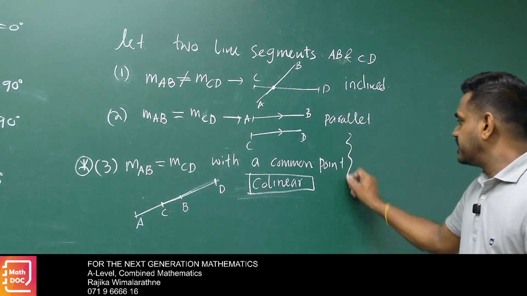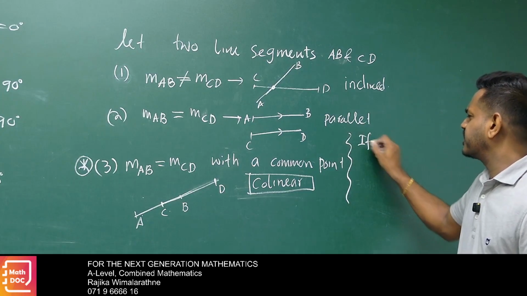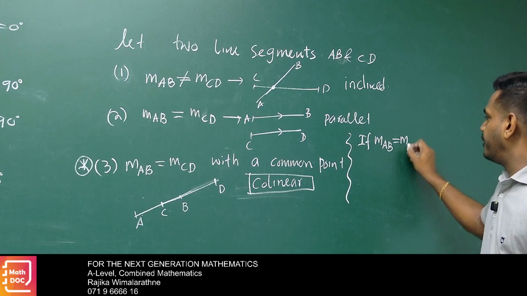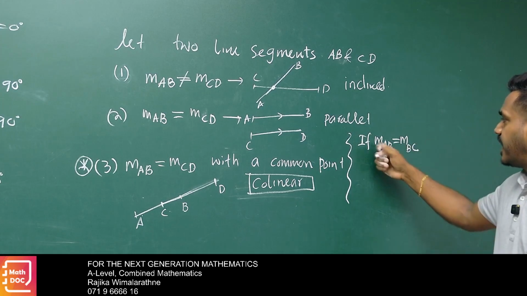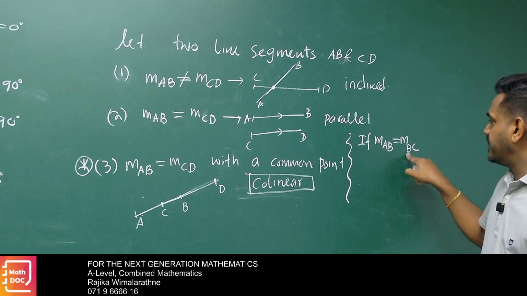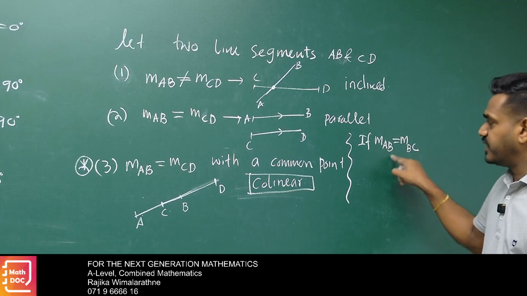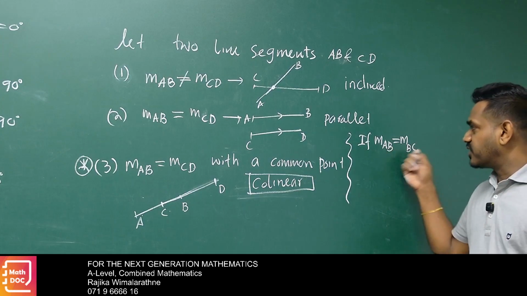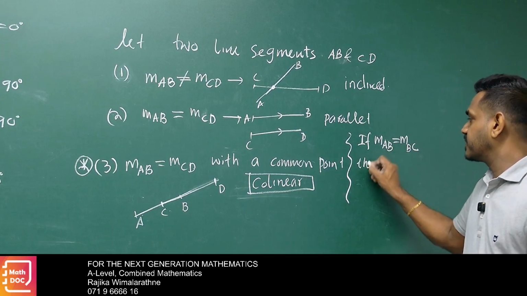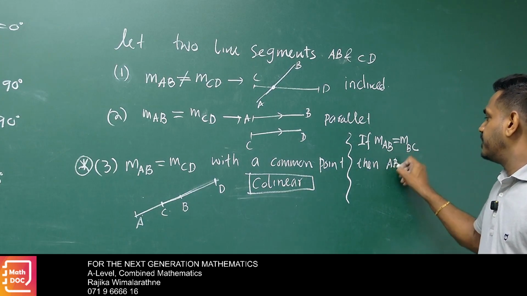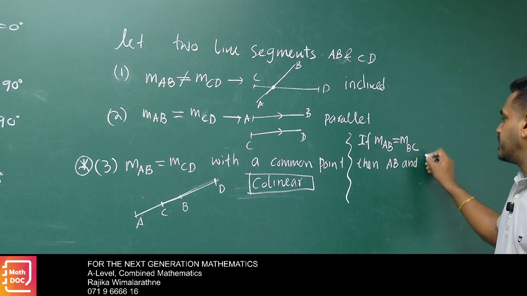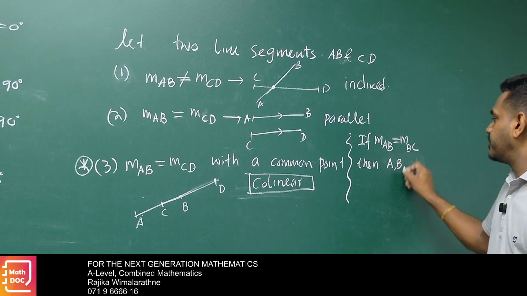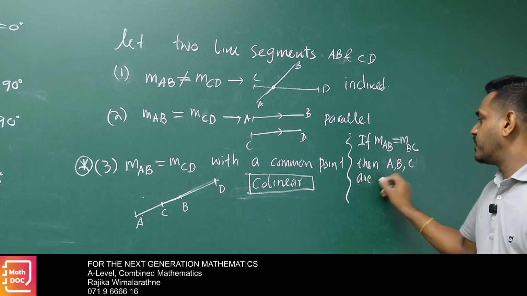So in other words, if MAB equals MBC, this means AB and BC are parallel, and B is a common point. Then we say A, B, C are collinear.